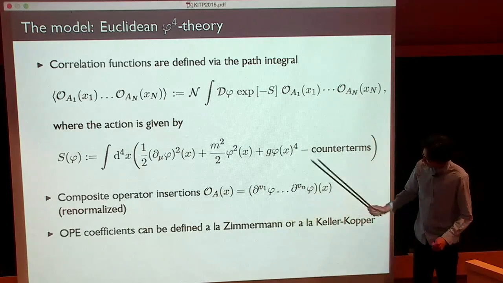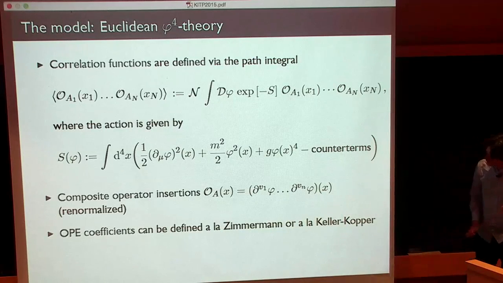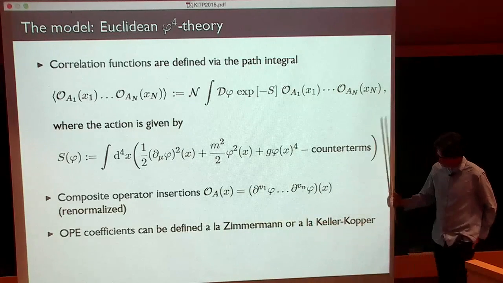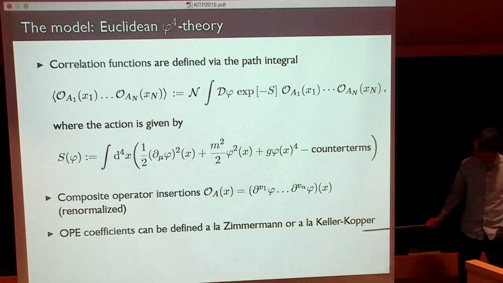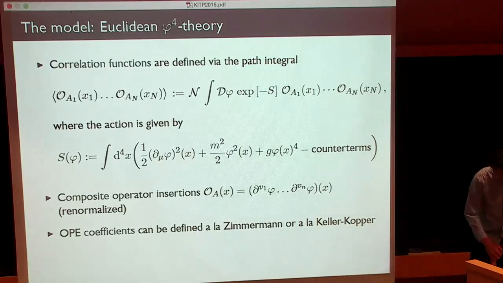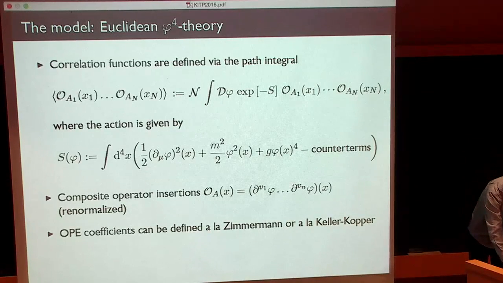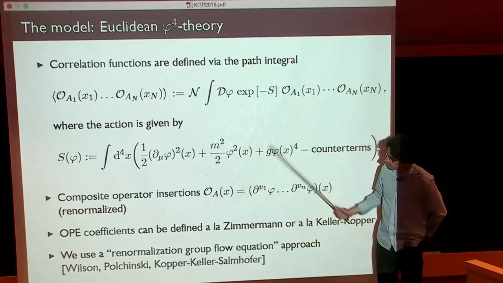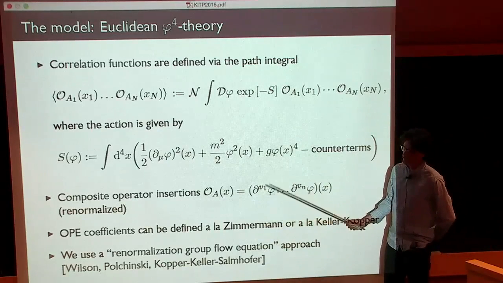So these operator product expansions are then defined in the usual way, a la Zimmermann from 1970, or another approach due to this gentleman. So they're defined in some way. And really how I define the theory, I just do it brutally.